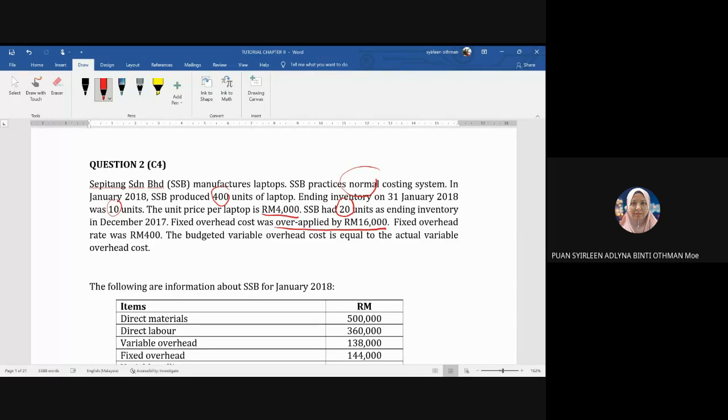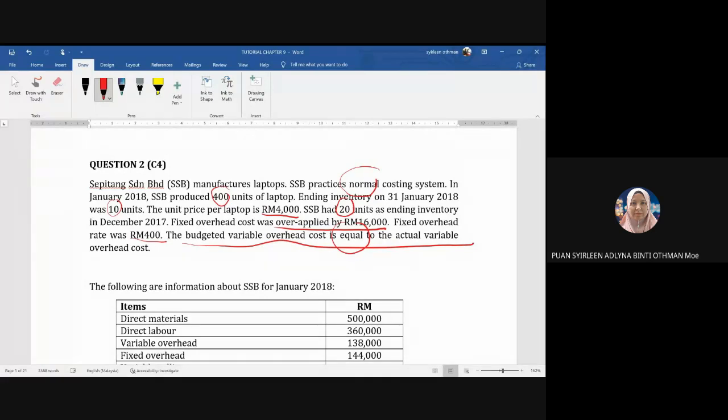Fixed overhead rate, ni rate ialah 400, and the budgeted variable overhead cost is equal to actual variable cost. So maksudnya untuk variable costing, madam tak perlu buat adjustment. Sebab nilai yang ada tu, itulah yang saya akan guna untuk marginal costing saya.